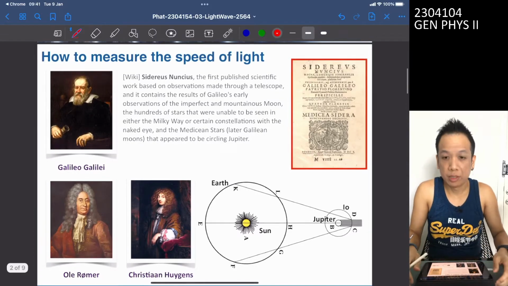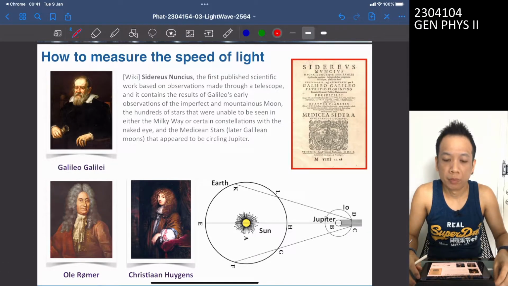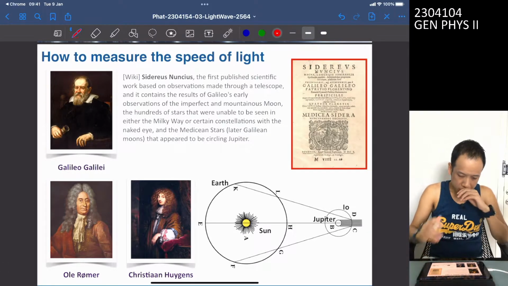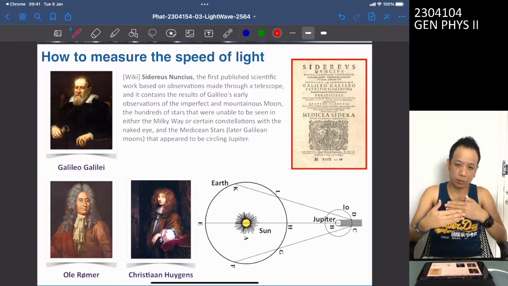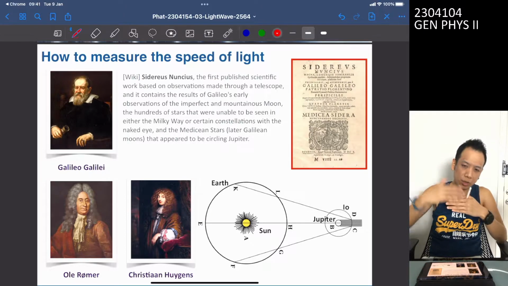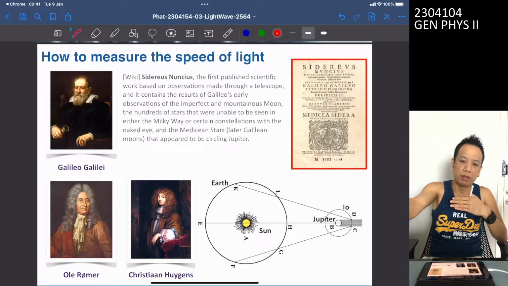So how to measure the speed of light? Starting from the period of Galileo, at that time he did several things, and measuring the speed of light was one of his works. He used a lamp, and his colleague was far away.